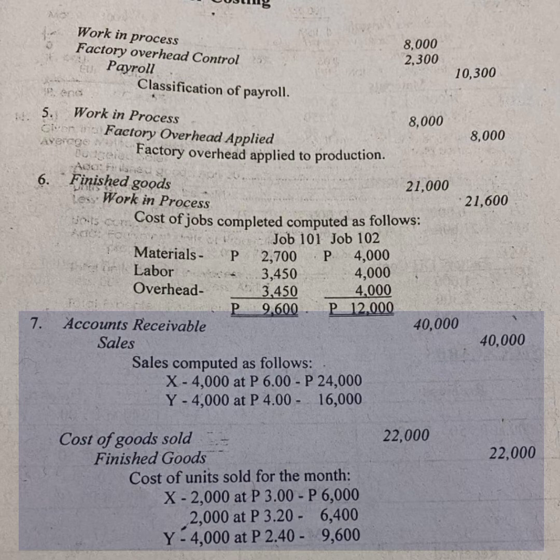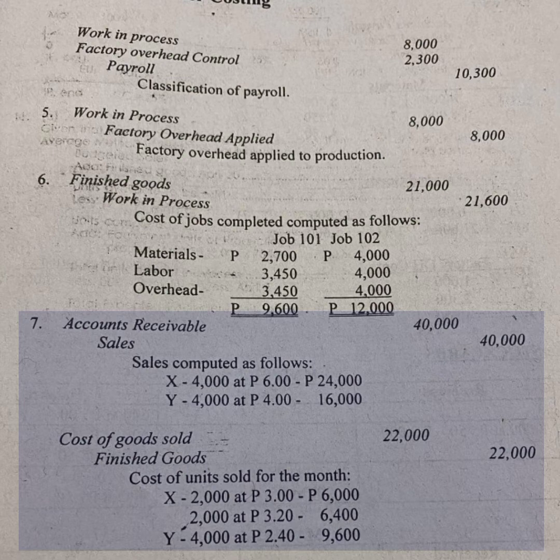We also have cost of goods sold, debit, amounted to 22,000 pesos, and finished goods credit amounted to 22,000 pesos. So, cost of units sold for the month, commodity X, 2,000 units at 3 pesos, and 2,000 units at 3 pesos and 20 centavos.